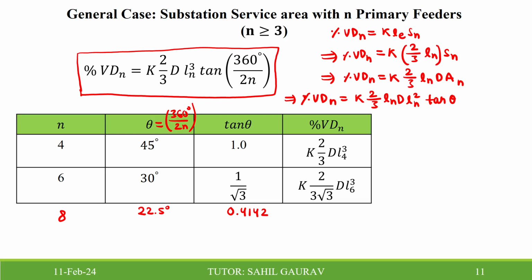Here, for the substation area, I just want to mention that if we are having four number of primary feeders, then it denotes a square substation service area.